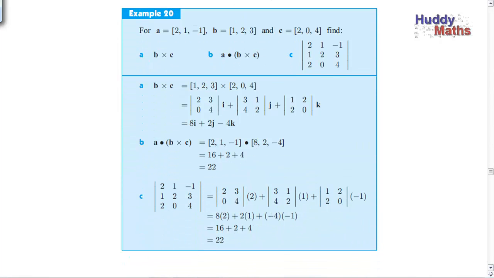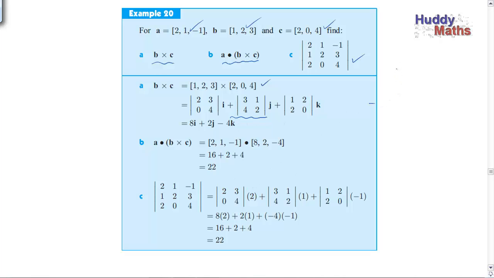Okay, here we are. We have 3 vectors in 3D land. B cross C, A dot B cross C, and the determinant of C. Okay, so have a look at those. I think it's fairly straightforward. Again, I would probably say in here to use the negative and not swap that around.